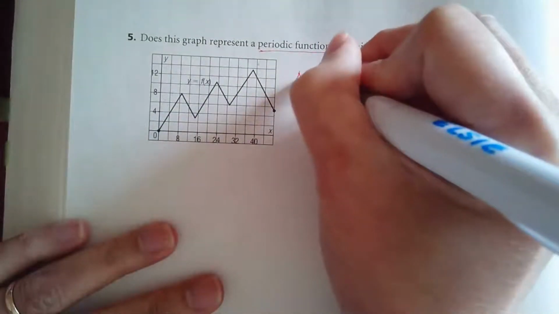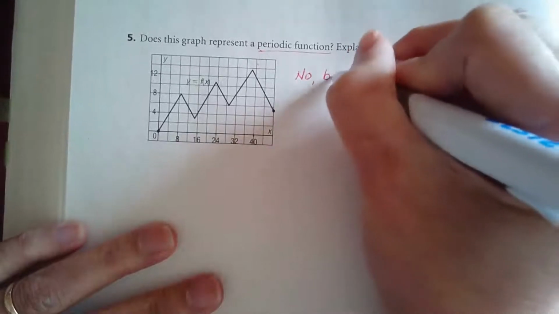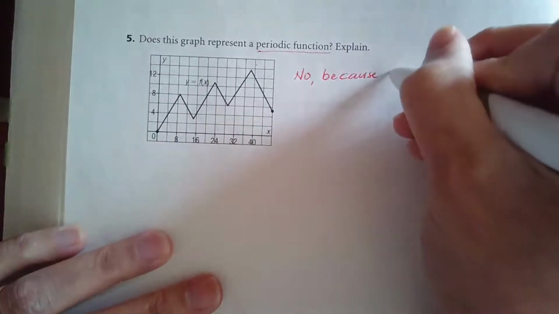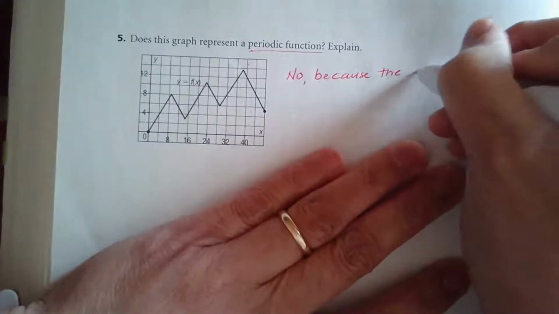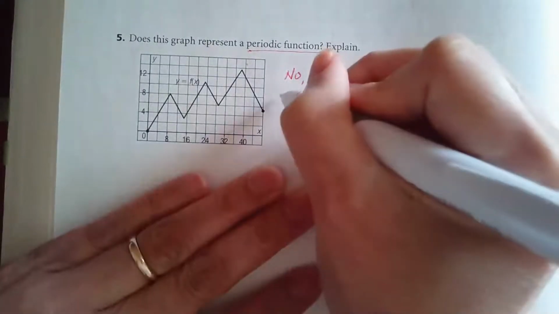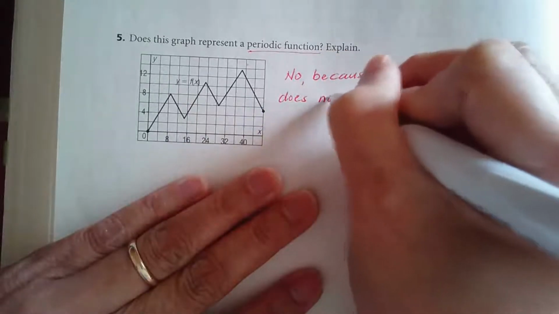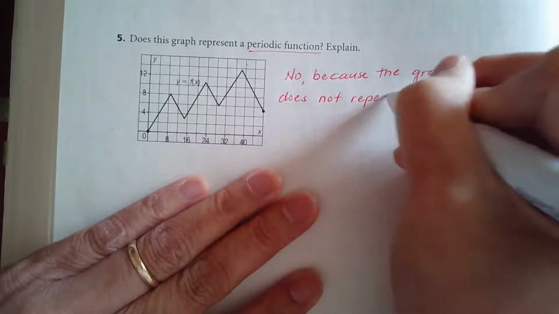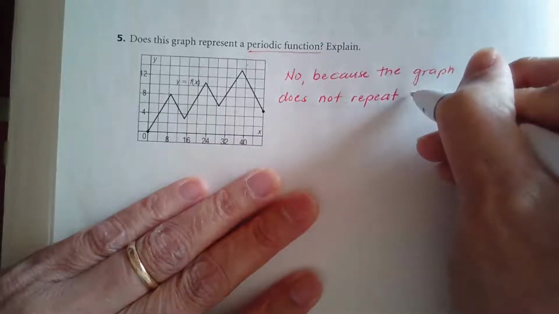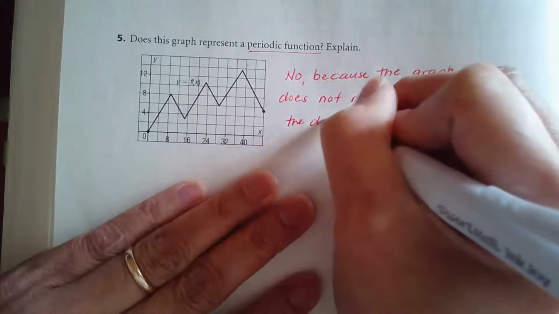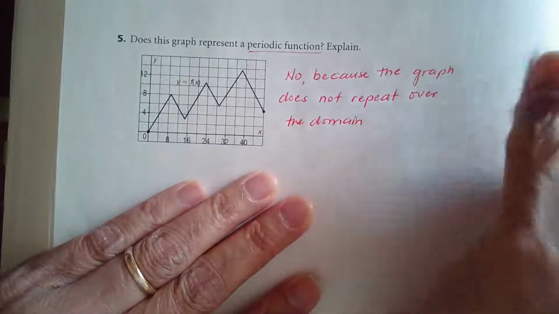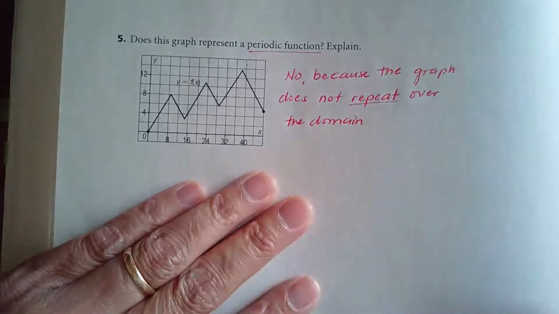So this is no, because the graph does not repeat over and over again over the domain. For it to repeat, it has to be the exact same shape.